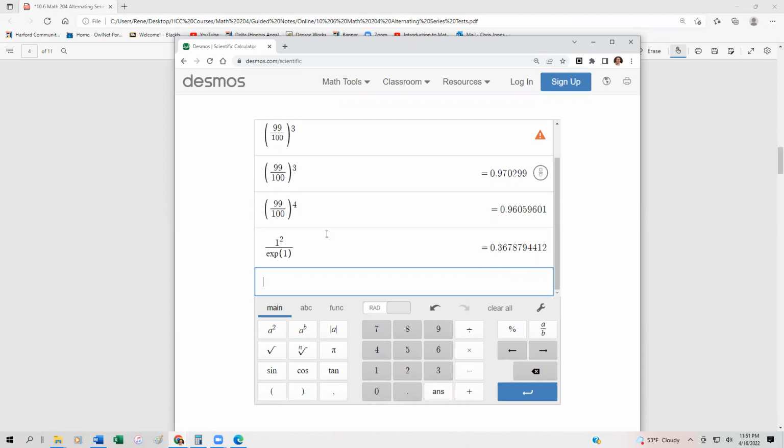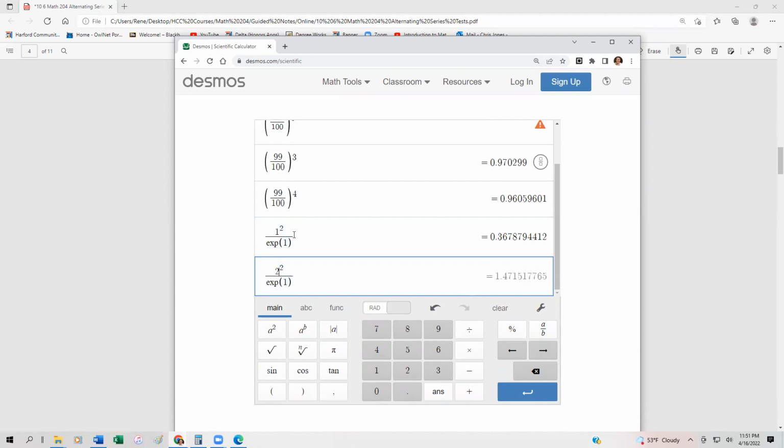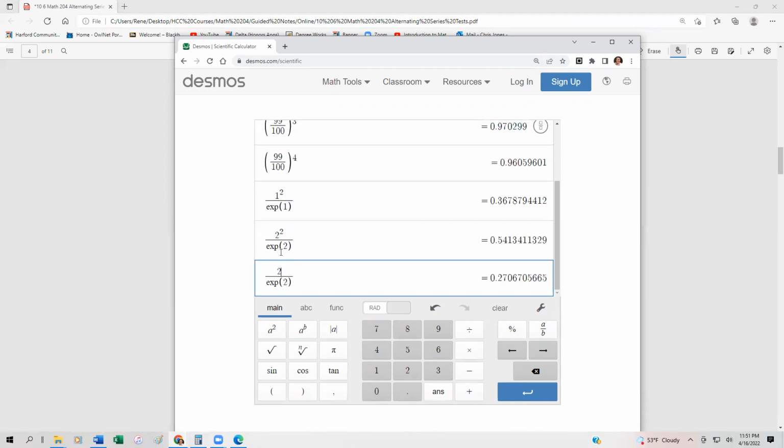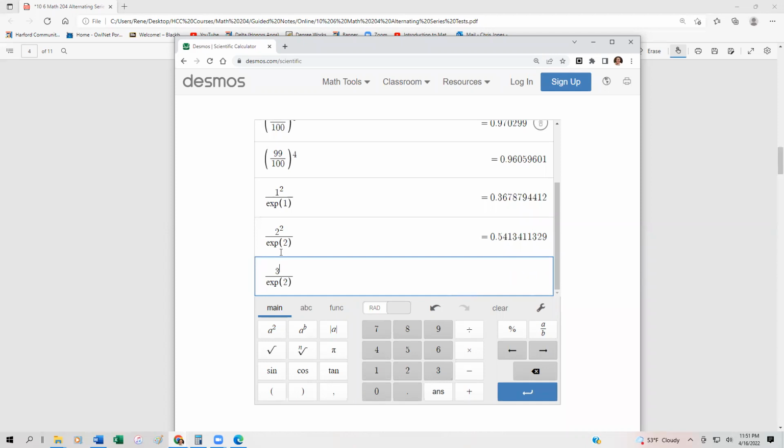Now I'm going to do the same thing, except I'm going to plug in 2. So we have 2 squared and the exp of 2. And it looks like it's going to be increasing. That's not good. Let's try it again for 3. So we have 3 squared divided by exp of 3.